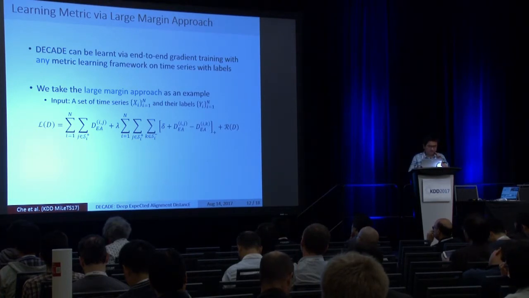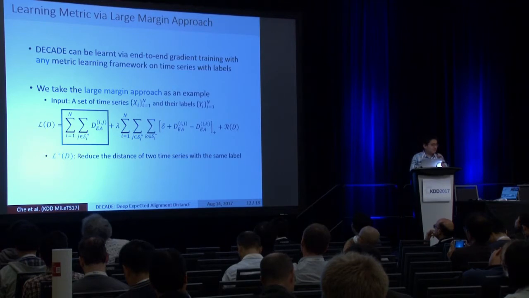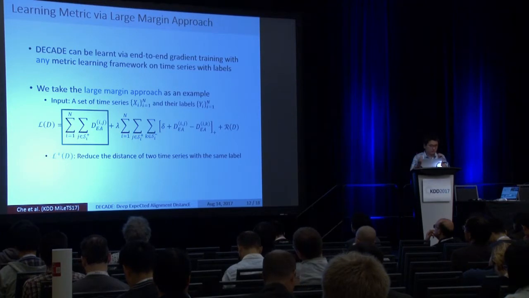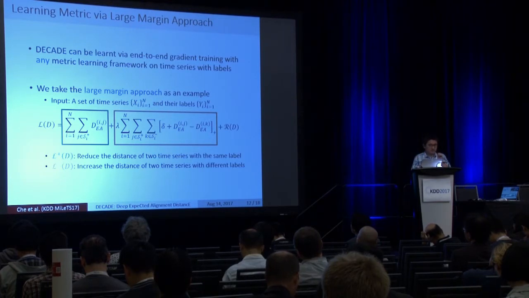So basically, we have the part of the pairwise distance of the time series from the same group or with the same label, so that we want to reduce the distance of 2 time series with the same label. And also we have another part so that we can increase the distance of the 2 time series with different labels.